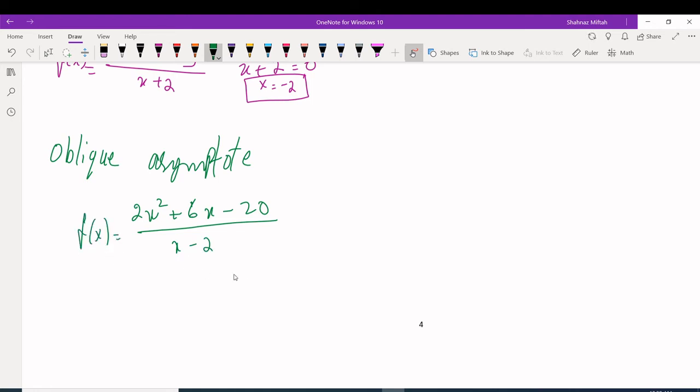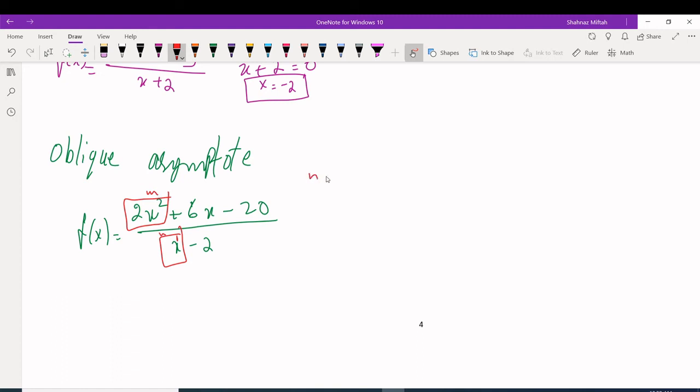Now, if I ask you, do we have an oblique asymptote here? You check the greatest degree up here, that term, and this term. This is x to the 1, that's x squared. This is m, and that's n.